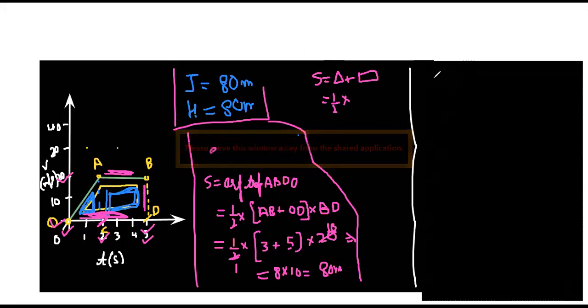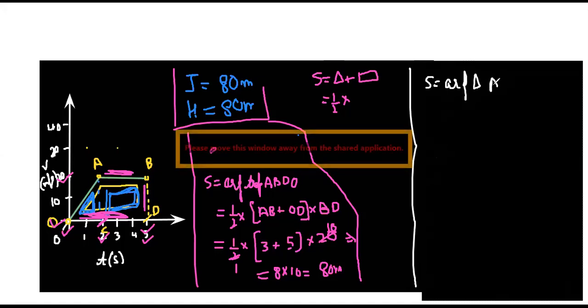So you can say that displacement is equal to the area of triangle ACO plus the area of rectangle, that is ABDC.